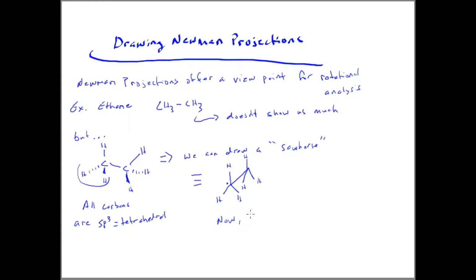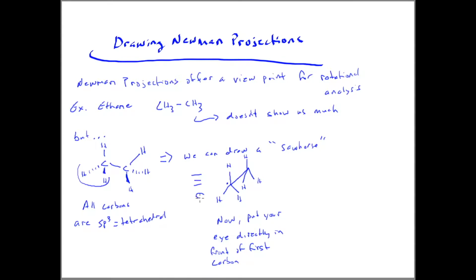Okay, so now what we want to do is put your eye directly on the carbon that's in front. If I do that, I really can't see the carbon that's behind. It's kind of like a lunar eclipse: the moon comes in between the sun and the earth, so you can't see the sun.